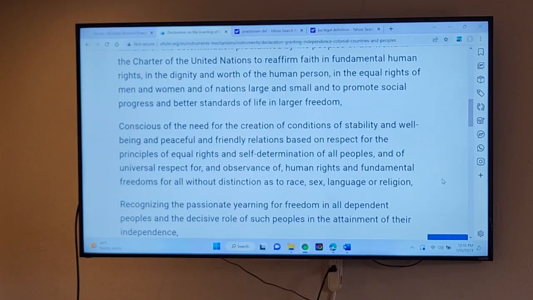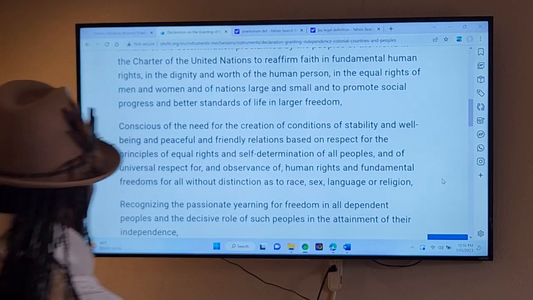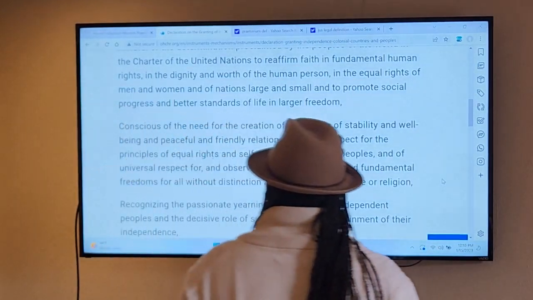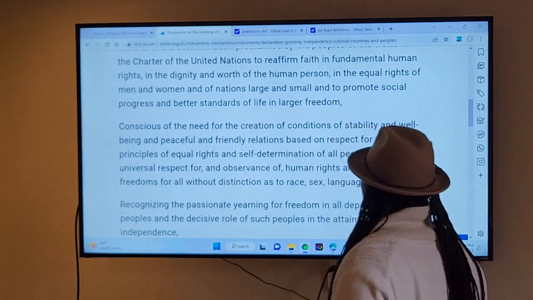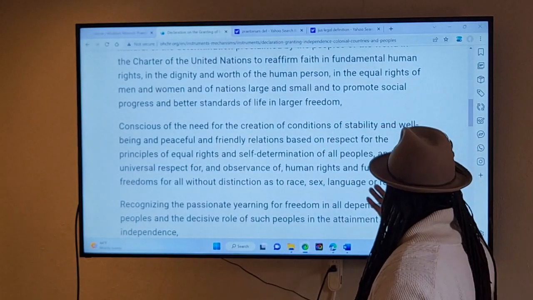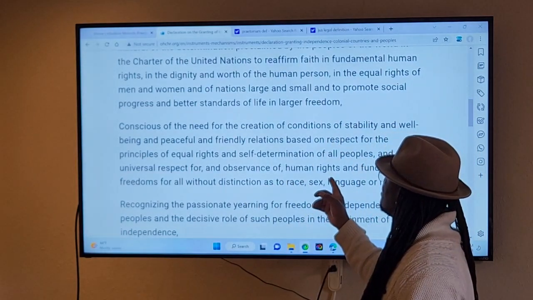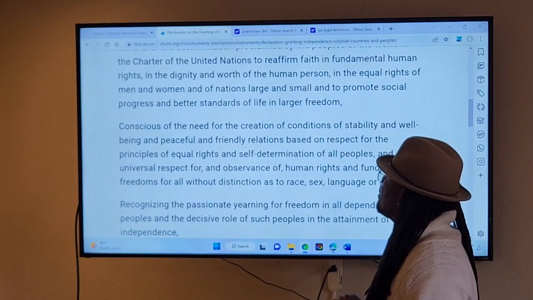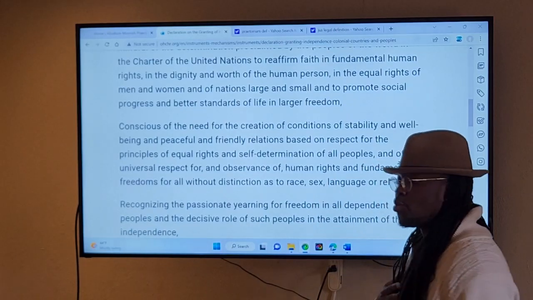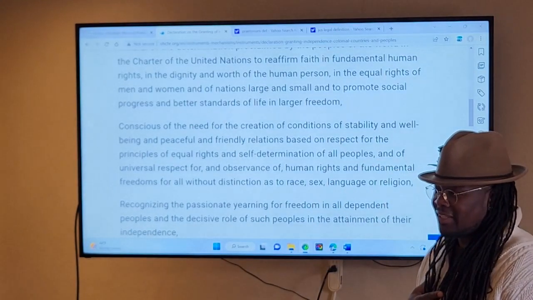Pause there. Conscious of the need for the creation of conditions of stability and well-being and peaceful and friendly relations based on respect for the principles of equal rights and self-determination, right? Self-determination is what Moors pride ourselves on, right?